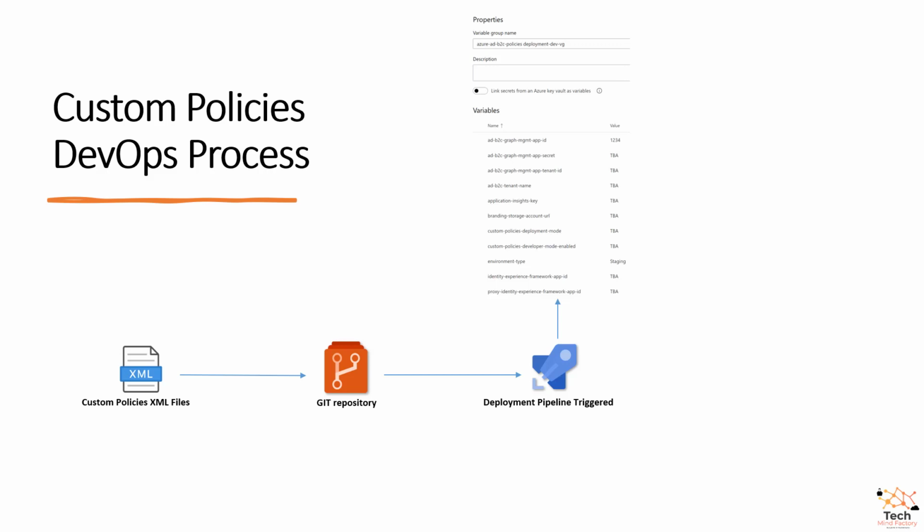And obviously you can add all other parameters like Application Insights key, custom policies deployment mode, environment type, Identity Experience Framework app ID, and so on and so on. Those parameters will be taken from this variable group during the deployment. So obviously, using the PowerShell script, we deploy those custom policies to the Azure AD B2C tenant.